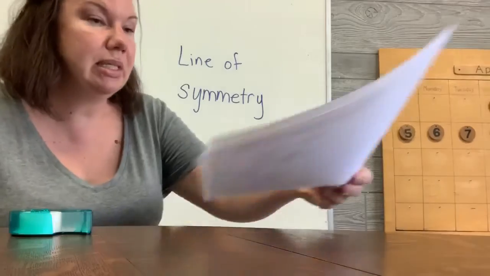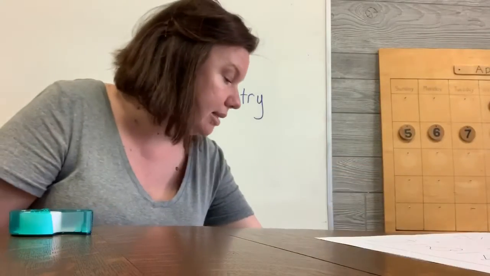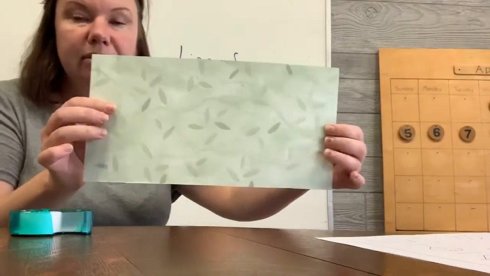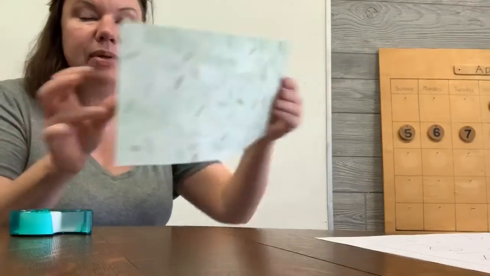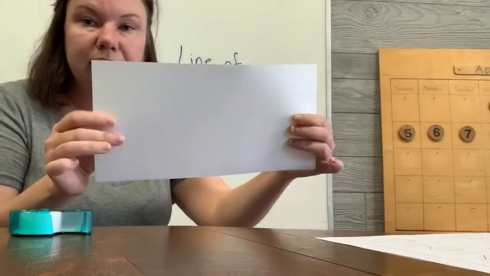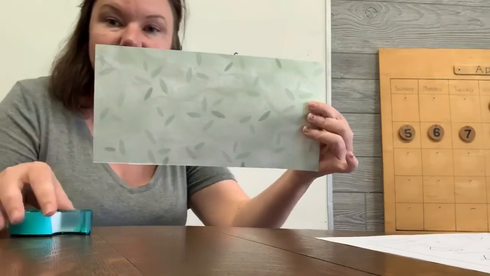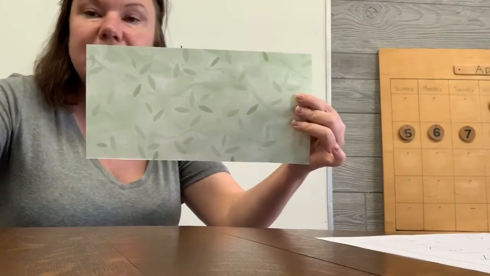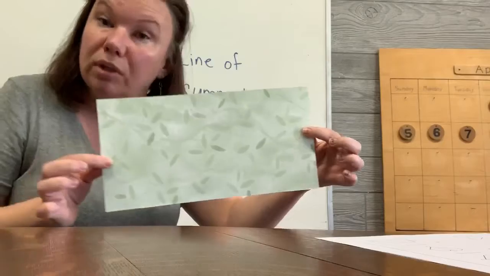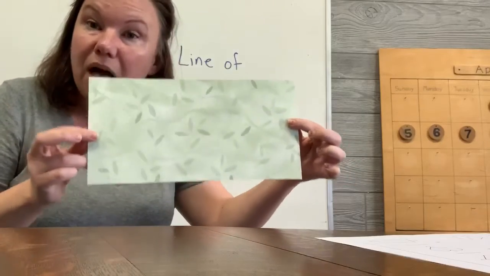So, for example, let's look at this shape. What shape is my paper? This is a rectangle. So let's see if we can find the line or lines, depending on the shape, of symmetry.